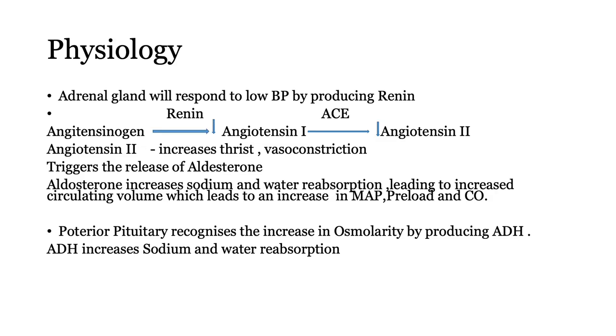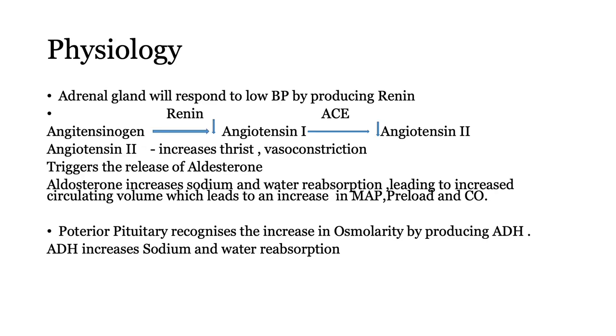The kidney will respond to low blood pressure by producing renin. Renin is an enzyme, and it acts on angiotensinogen, which is produced in the liver, converting it into angiotensin 1. Angiotensin 1 in the lungs, under the influence of angiotensin converting enzyme, will be converted into angiotensin 2.